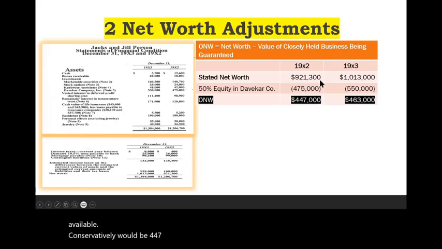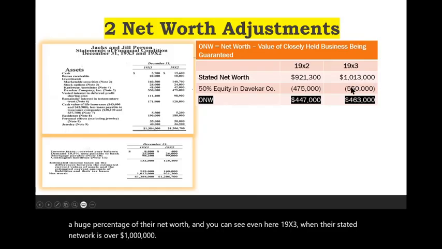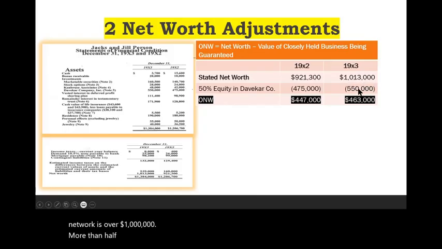So the equity that they would really have available conservatively would be $447,000, not $921,000. It also tells you that the equity in their business is a huge percentage of their net worth. And you can see even here, 19x3, when their stated net worth is over $1 million, more than half of that, right, is represented by their equity in their business.